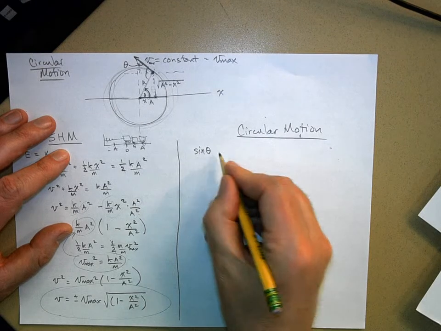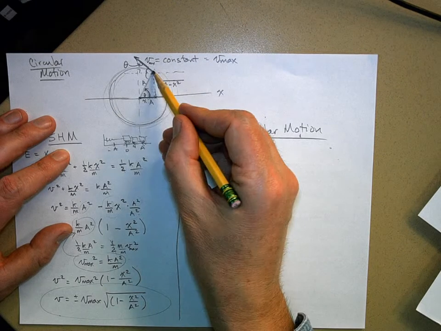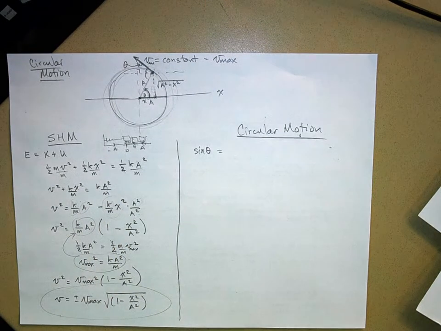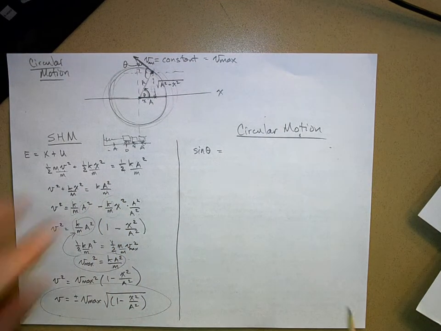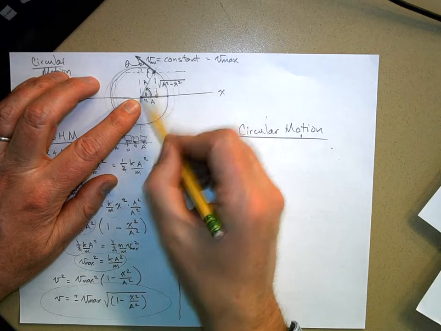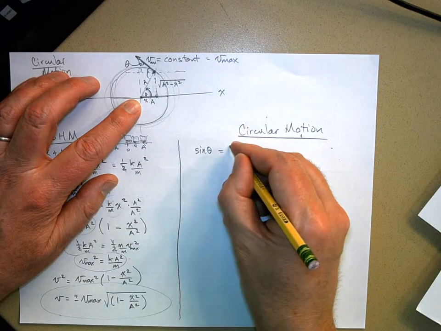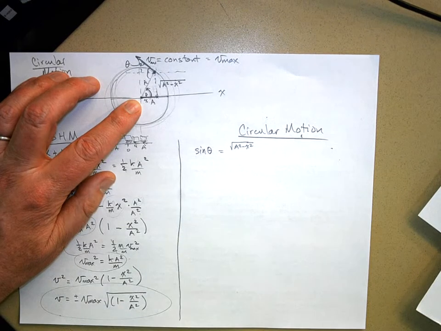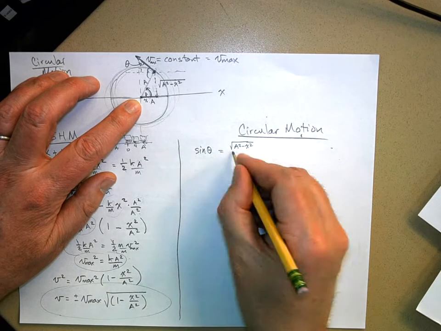Now, these two triangles here and here, they're similar triangles, right? They have the same angles. And so the sine of theta is the opposite leg over the hypotenuse. So this is going to be the square root of a squared minus x squared divided by a.